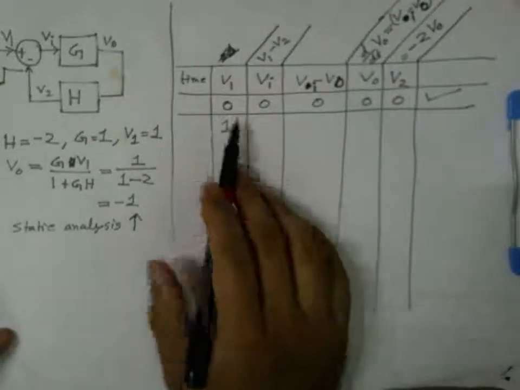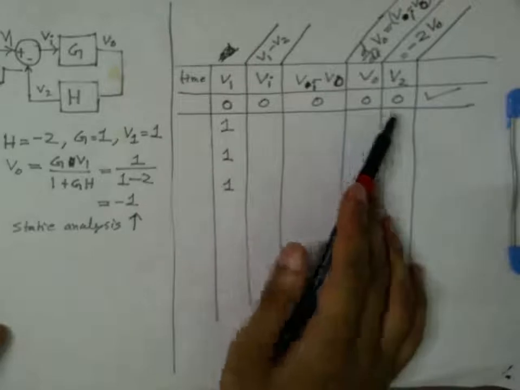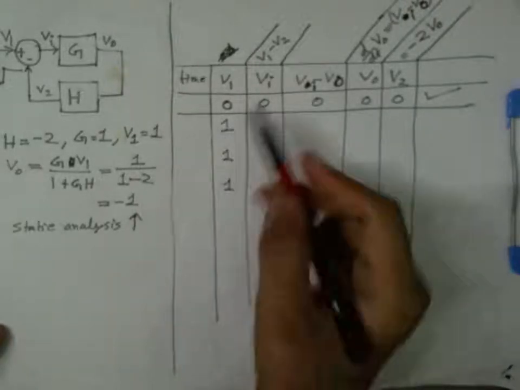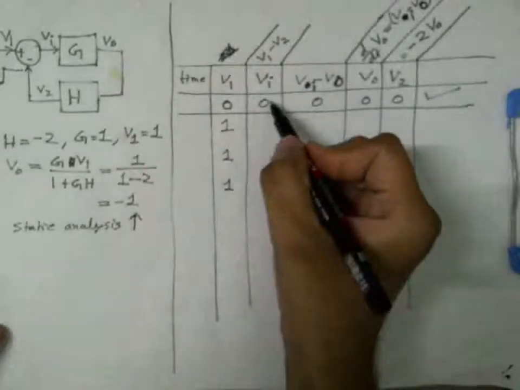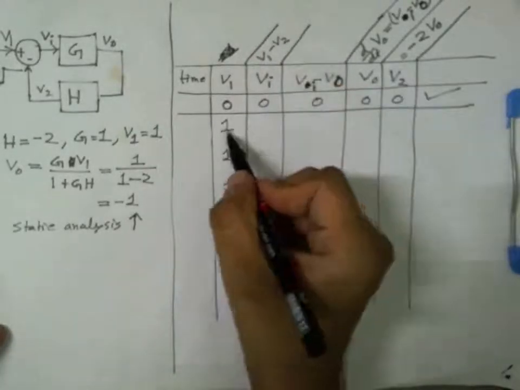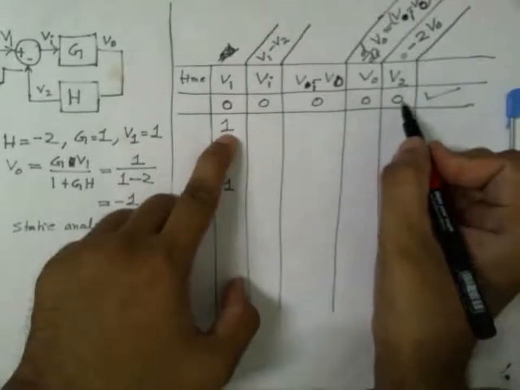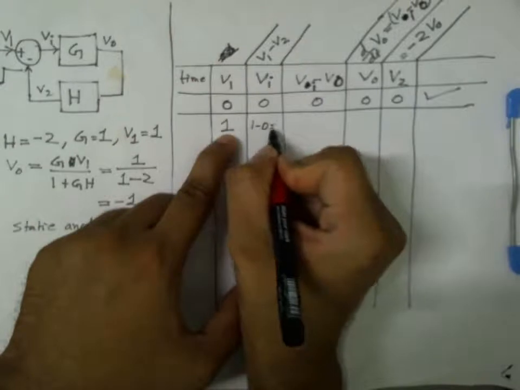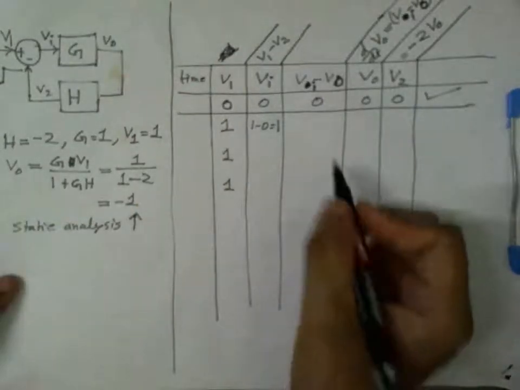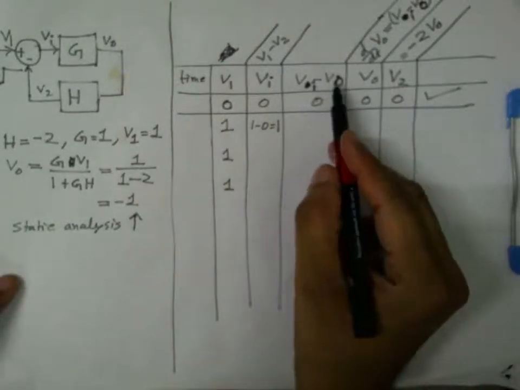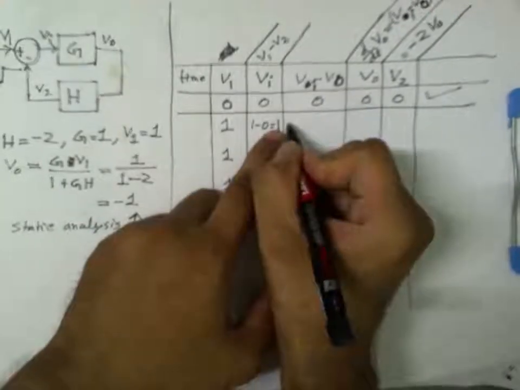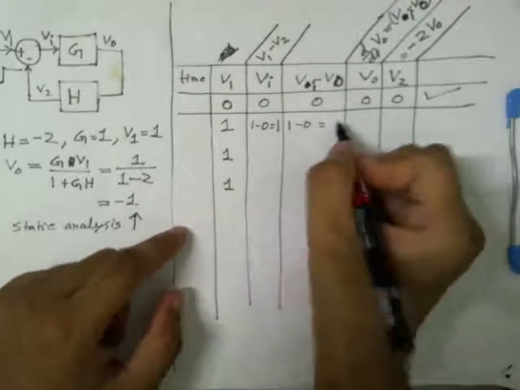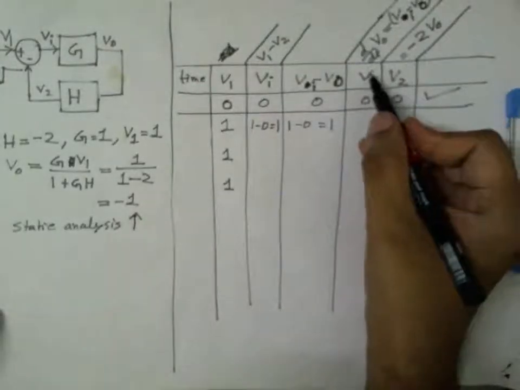Okay, so we start with all zeros, and then V1 suddenly becomes 1. Now Vi, what should it be? This is V1 minus V2, V2 is now 0, so 1 minus 0 is equal to 1. And then Vi minus VO is 1 minus 0, which is equal to 1. So what should happen to VO?